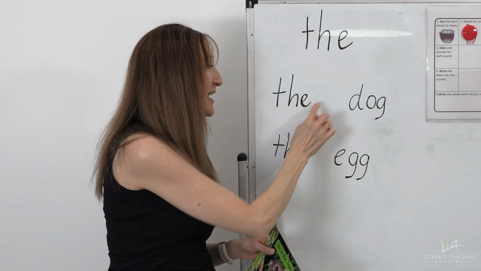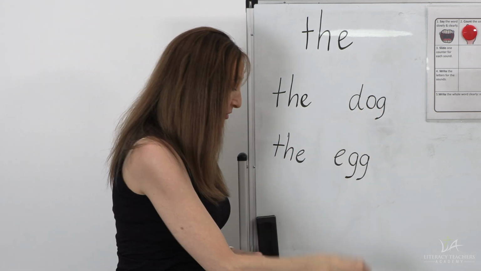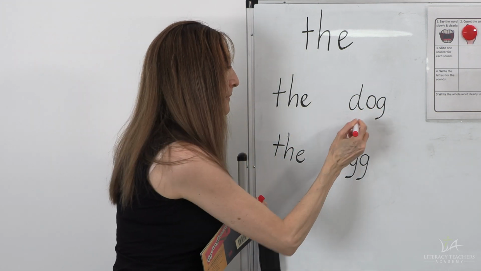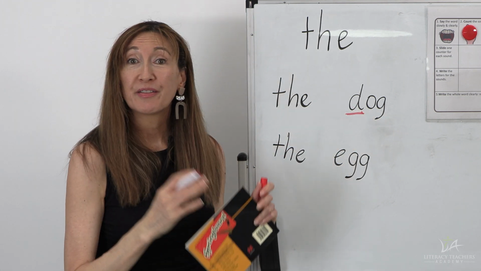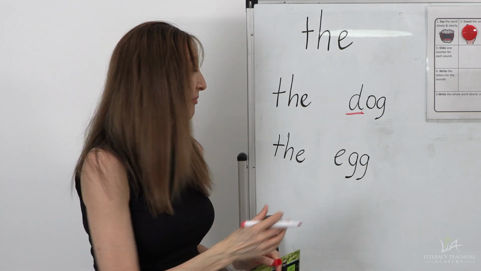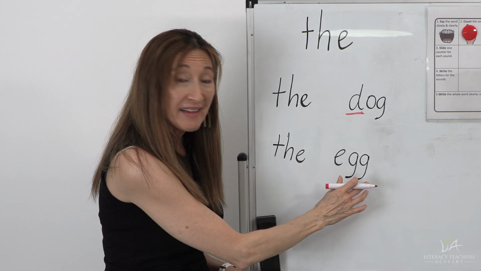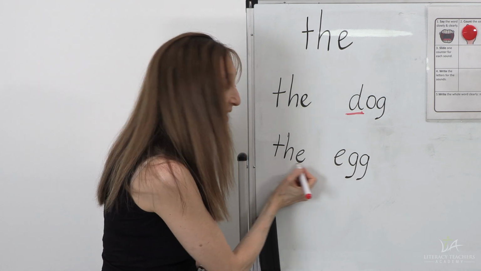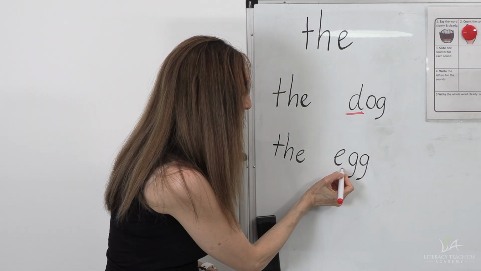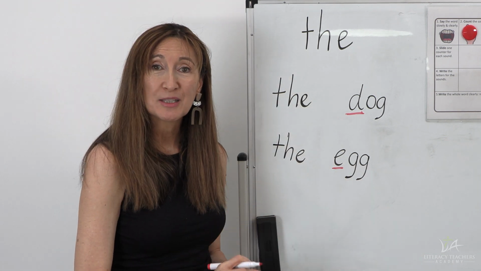Now the speech sounds in the word "the" sound different in this context because the following word begins with a consonant. But if we said the sentence, where is the egg, then the speech sounds in the word "the" sound different because the following word begins with the E.